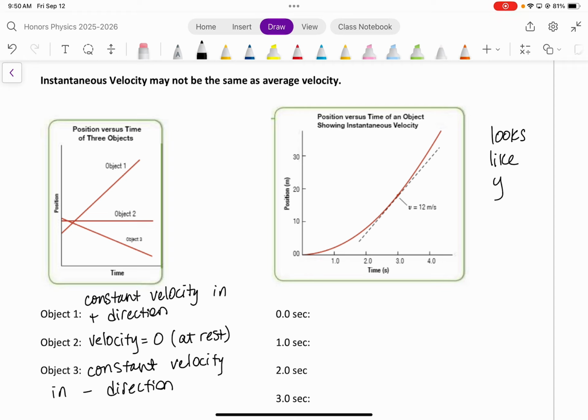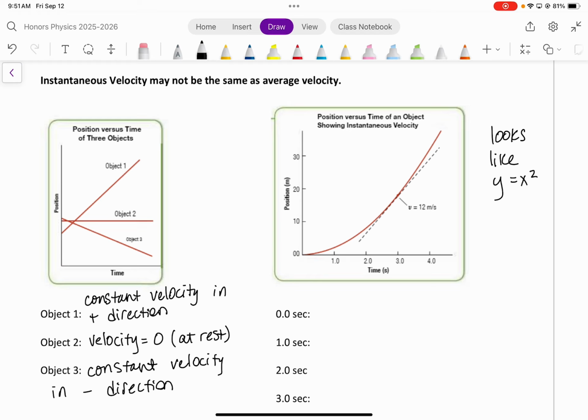If you look at my shirt here, that looks like y equals x squared. So what this is saying is if I wanted to find the average velocity, I would draw a straight line from here to here, from the beginning to the end, and I would calculate the slope of that line. That's the average for the whole trip.